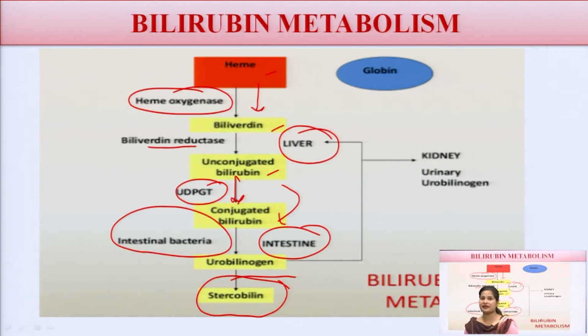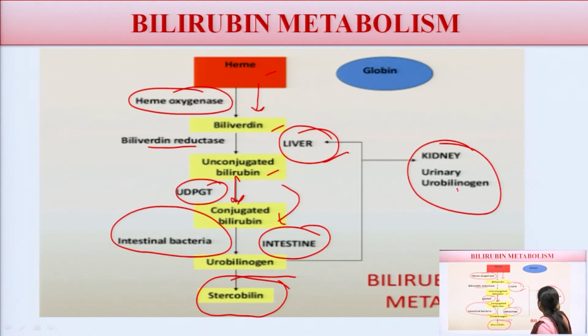There is the liver and the kidney, where the urinary bilirubin will be excreted, right. So the heme proteins break down after injury, and with the help of heme oxygenase they form bilirubin and go to the liver, where the unconjugated bilirubin is formed.